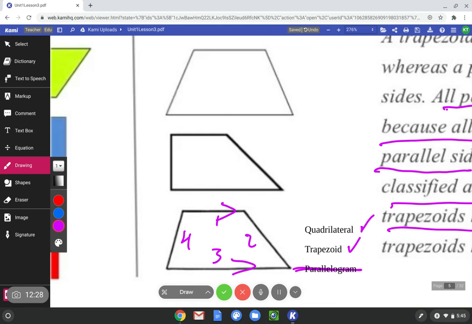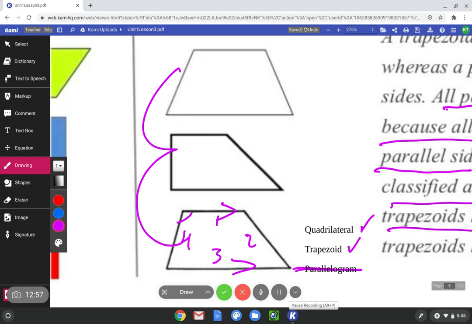Are there any other attributes that I could see? Well, these angles are obtuse, and these are acute, but that doesn't tell me anything. So those facts don't really matter right now. But what does matter is that we were able to use the attributes to find out that these shapes are all trapezoids. Remember, there is not one correct trapezoid.